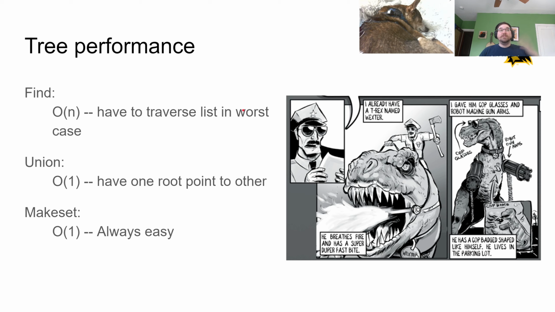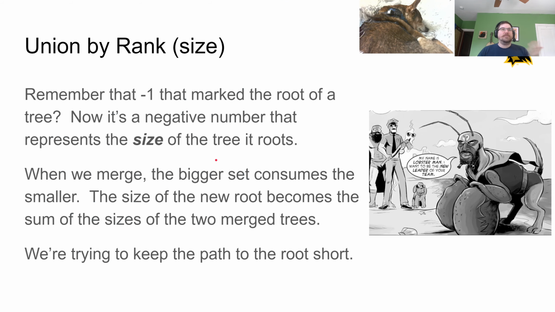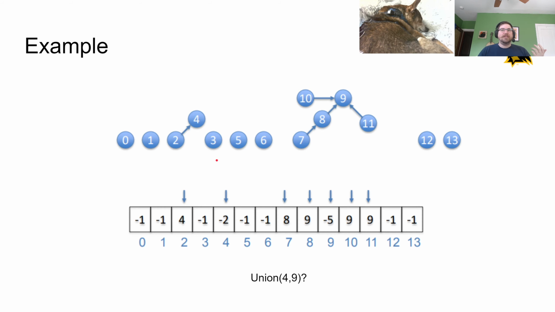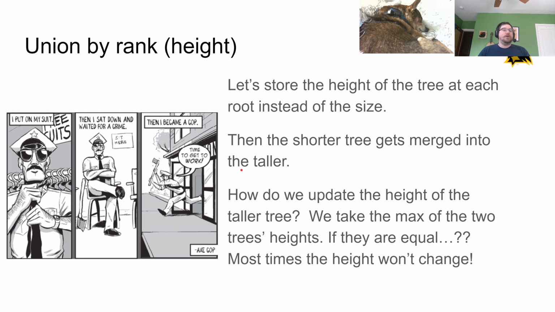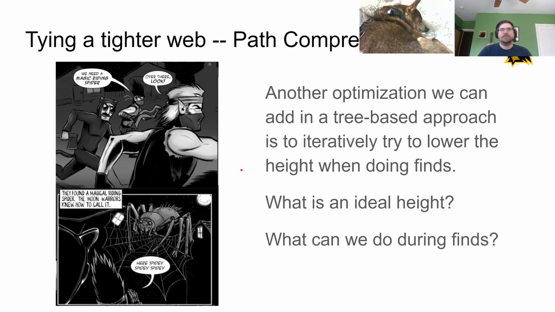So we go from 1,000,000 to 19. This is a massive performance increase, just by doing this one little thing of comparing the heights of the two things that we're going to merge. That's awesome. It's such an easy optimization. The hardest part was convincing ourselves that it was logarithmic performance afterwards.